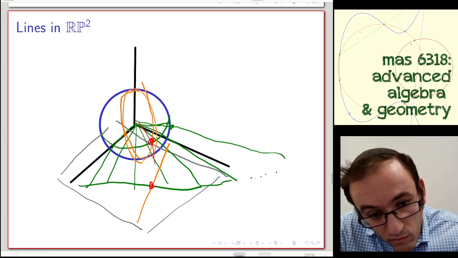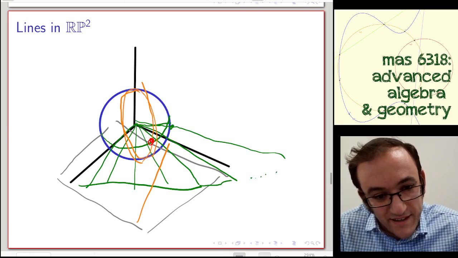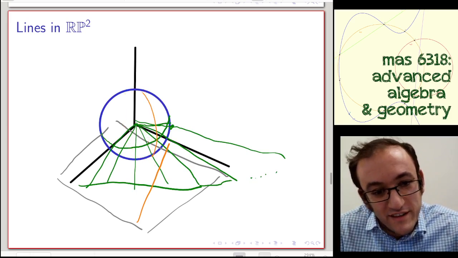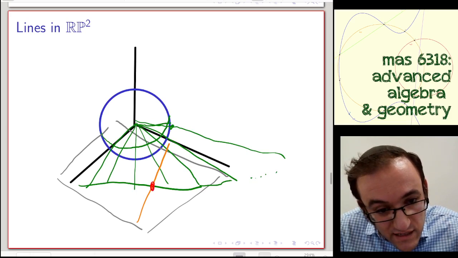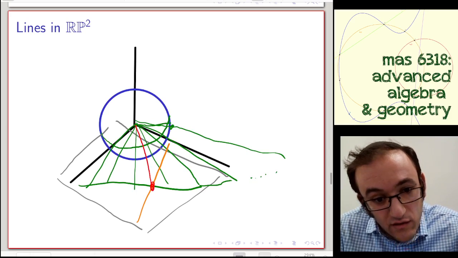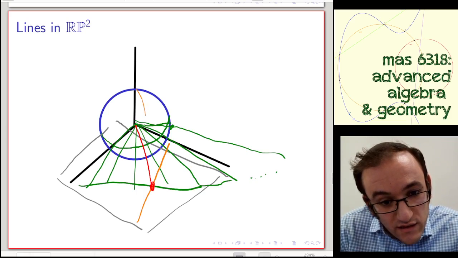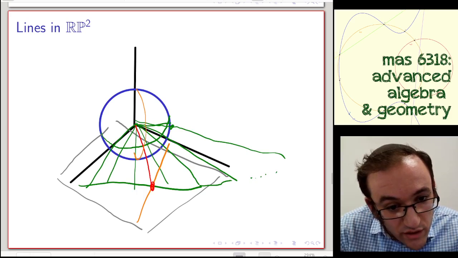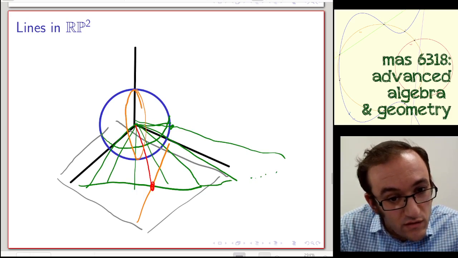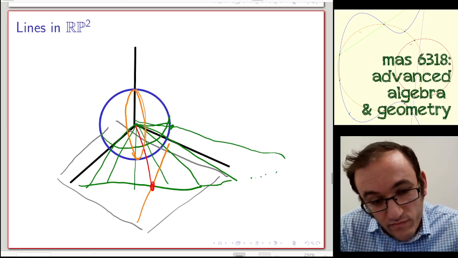Maybe I'll redraw that circle. So let's say this is the intersection point. Then the corresponding circle is going to also pass through that intersection point.